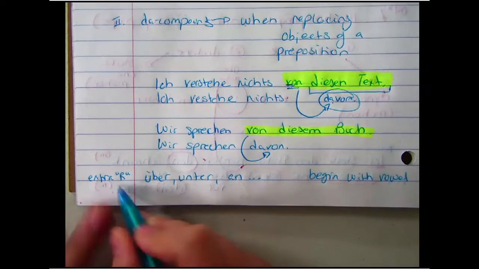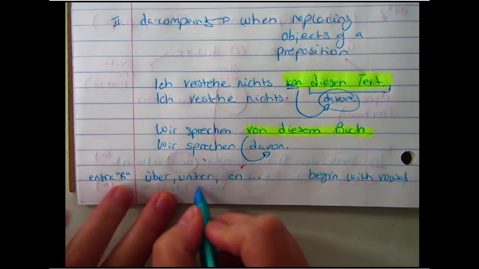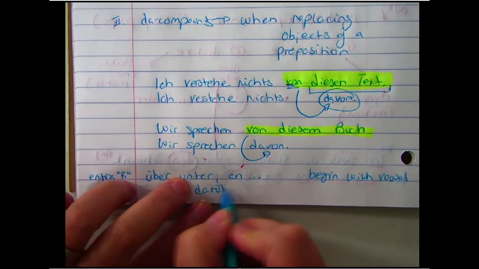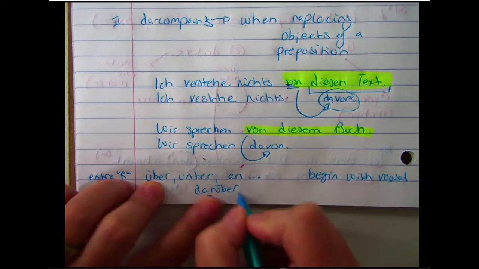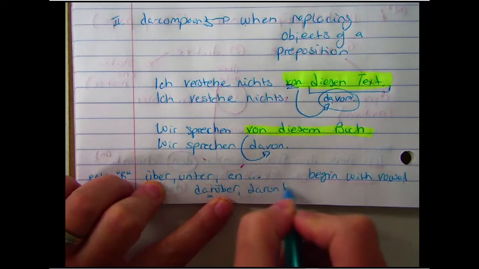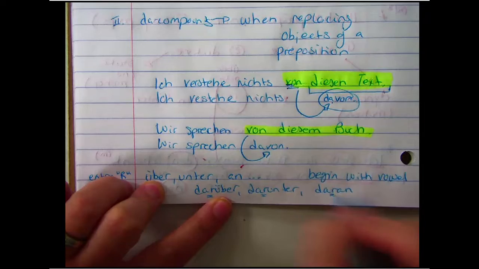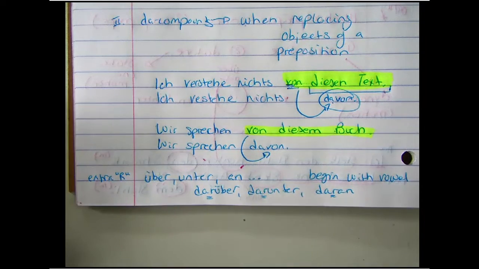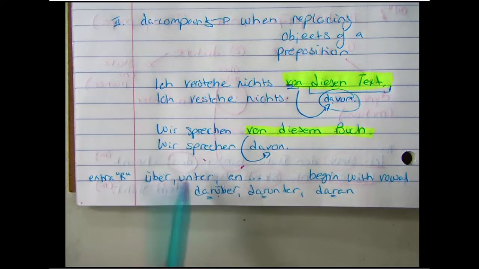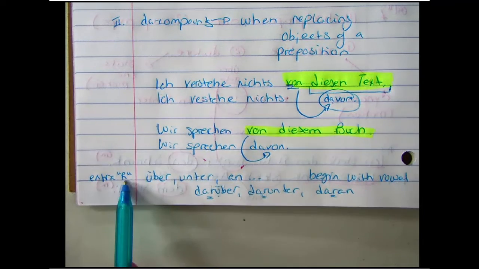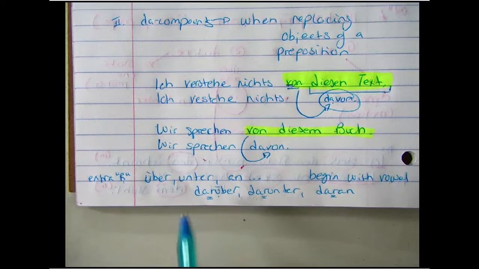You're going to add an extra R, so they become darüber. There's your R. Darunter. There's your R, and daran. And that, of course, again, is just for pronunciation purposes. So if you have the vowel in first place of that preposition, make sure you're adding an R when creating your compound.